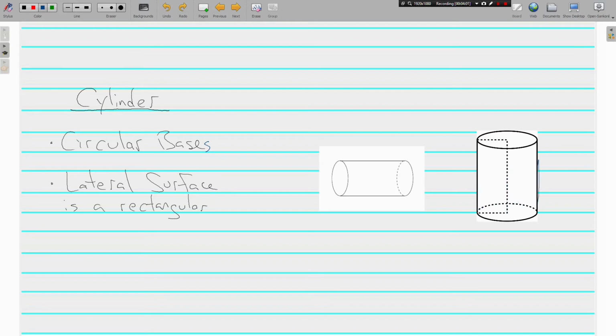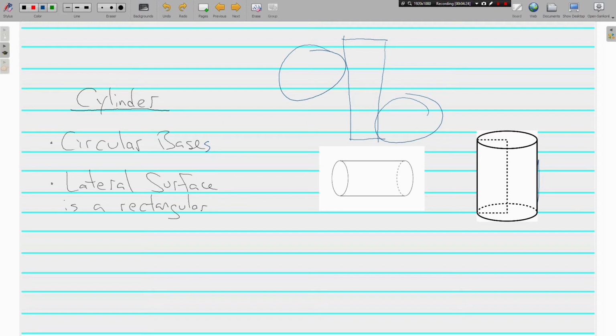What shape would it be? Well, it'd be a rectangle. If you laid a cylinder out flat, you've got the top circle and the bottom circle, and then the label would be a rectangle. Anyway, that's a cylinder.